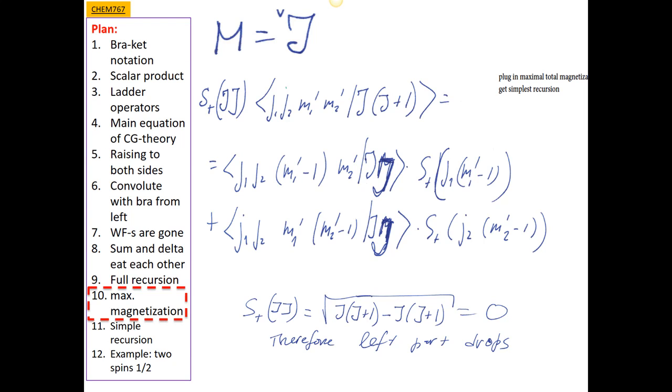And the main result is that the singlet 0, 0 equals 1 over square root of 2 times spin 1/2 up, spin 1/2 down, minus 1 over square root of 2 times spin 1/2 down, spin 1/2 up.